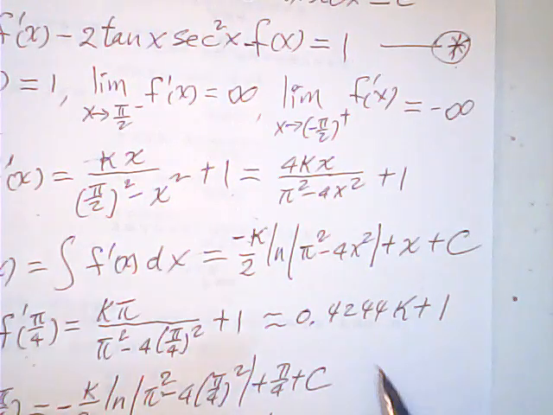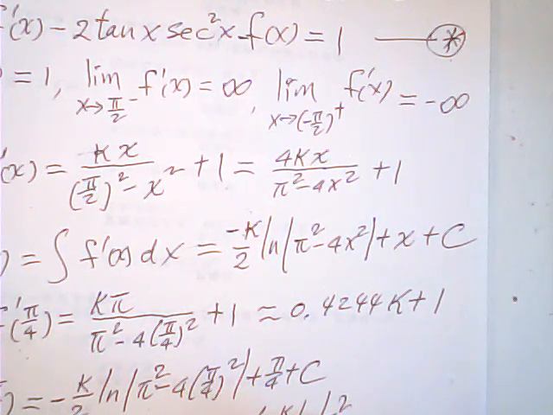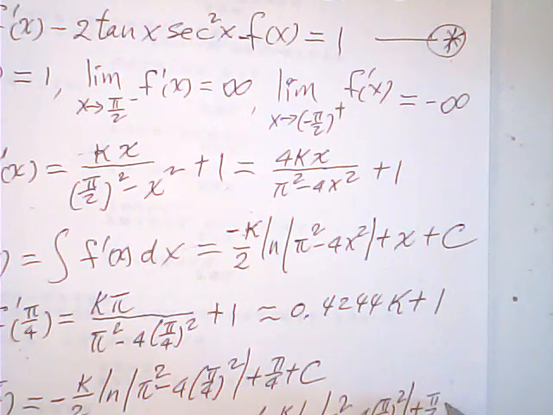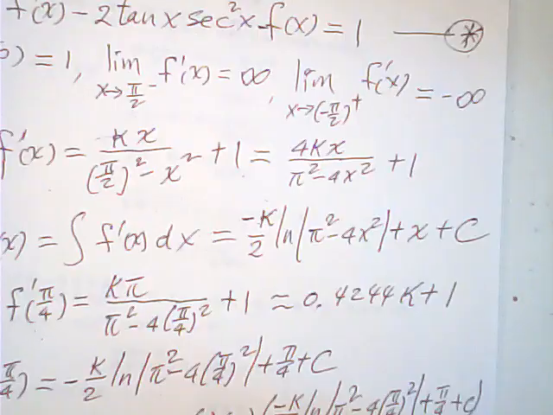F of x is this: minus k over 2 log of pi square minus 4 times quarter pi square, plus quarter pi plus c is equal to 1.